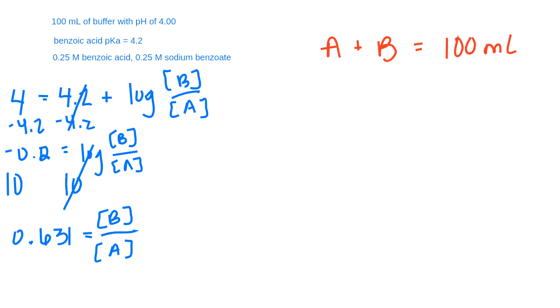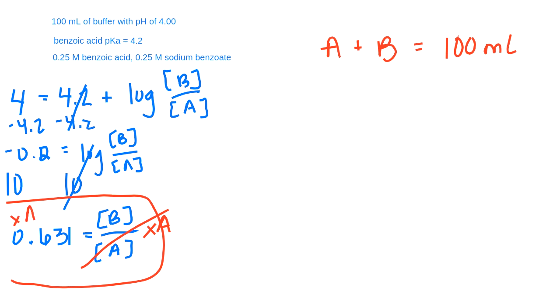So how can we substitute? Well, my personal preference would be to rearrange this equation. So if I rearrange that, for instance, I can multiply by A on both sides. And so that will give me 0.631A equals B.